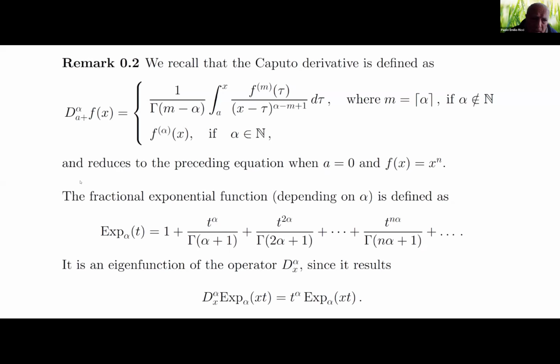It's more complicated. But this equation reduces to the preceding equation when alpha equals 0 and f is the power x to the n, the classical power x to the n.